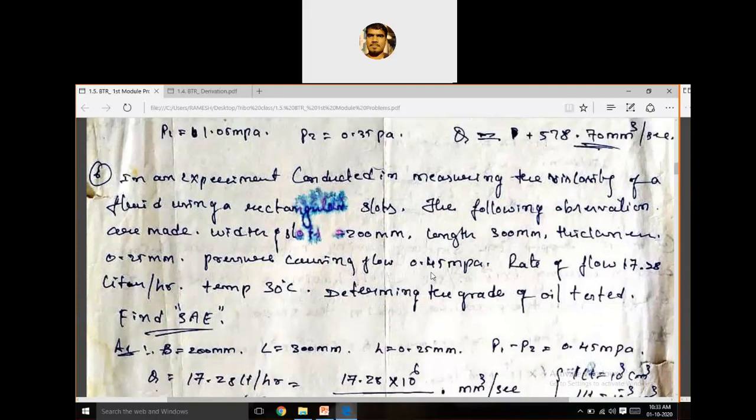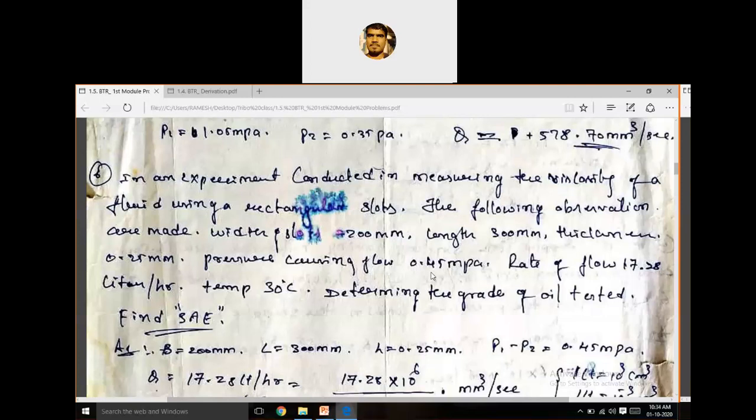The following observations were made: width of the slot 200 mm, length 300 mm, thickness 0.25 mm, pressure difference causing the flow 0.45 megapascal, and rate of flow 17.28 liters per hour.